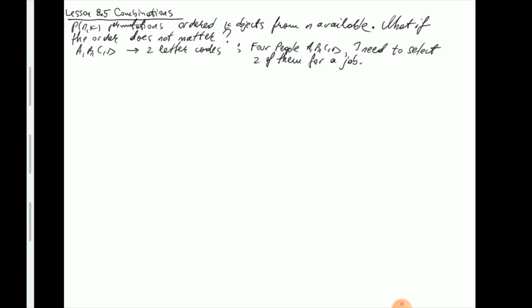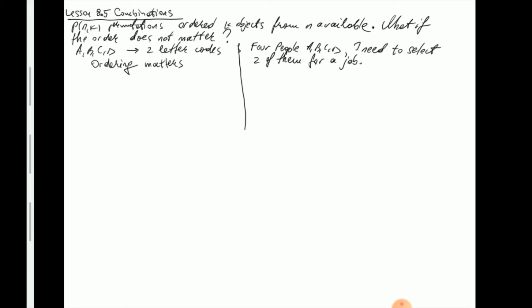In both cases, the question is, how many selections can you make? Repetition is not allowed in both of them. You cannot select more than one. In the 2-letter codes, ordering matters.